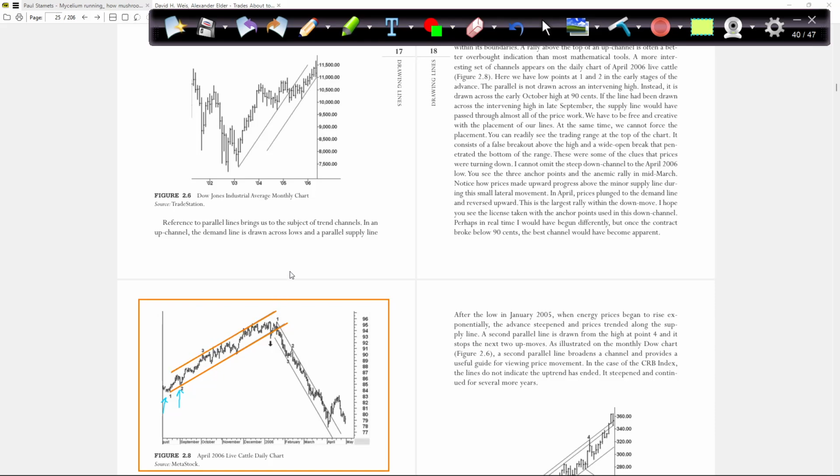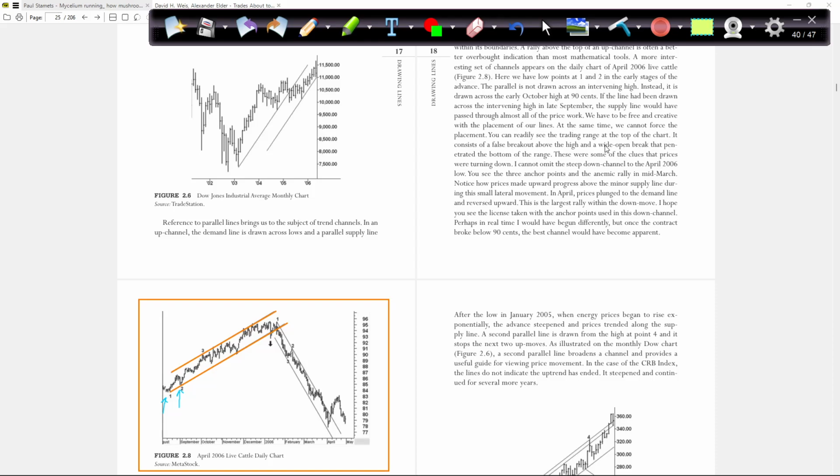If the line had been drawn across the intervening high in late September, the supply line would have passed through almost all of the price movement. We have to be free and creative with the placement of our lines.